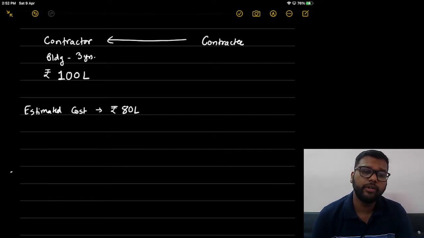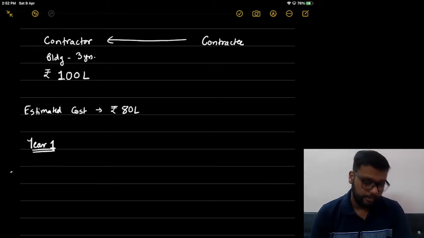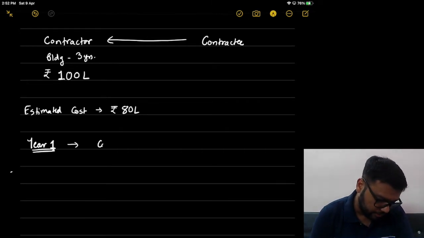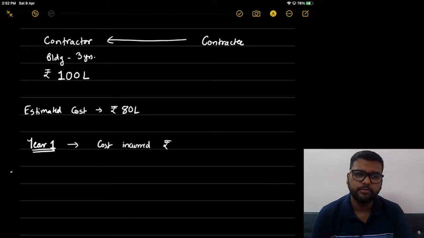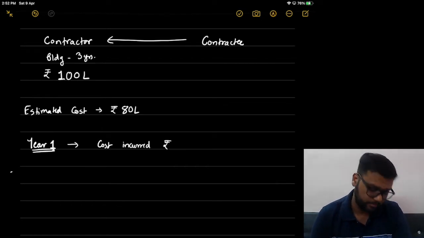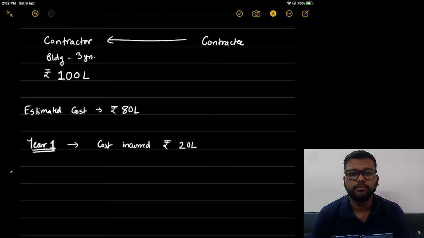Now let's see how it will work logically. Think about year 1. Let's say in year 1 we started work and we incurred cost of rupees 20 lakhs.